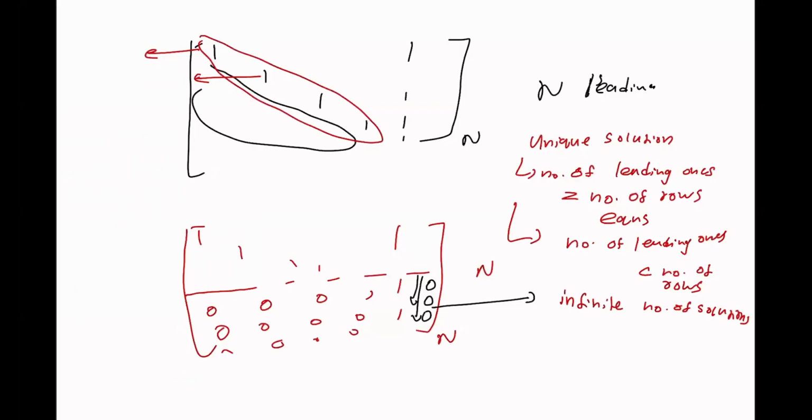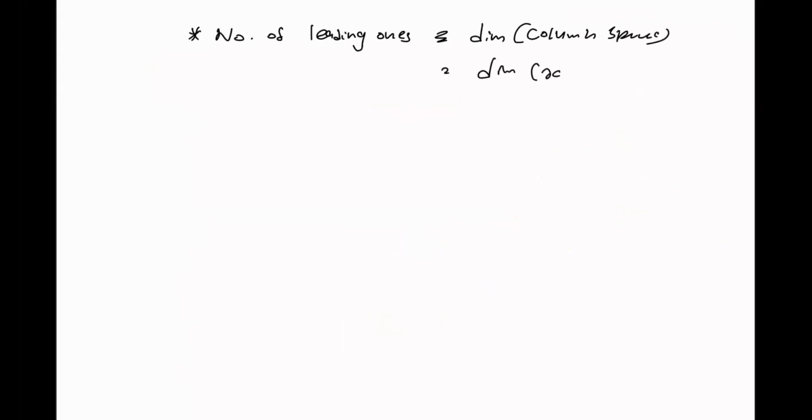Also, the number of leading ones is equivalent to the dimension of your column space. Another thing you have to remember: after you perform Gaussian elimination, the number of leading ones is equivalent to the dimension of the column space, as well as the dimension of the row space, because the dimensions of the column space and the row space are equal.